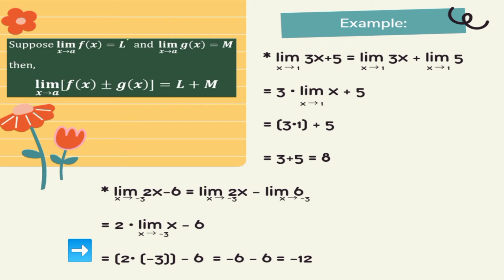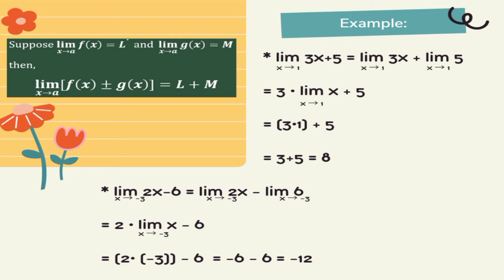Then in this part we are going to apply theorem number 2. We are just going to copy the value of where the x approaches, which is negative 3. Now we bring down also the negative 6. 2 times negative 3 is negative 6, minus 6. So that would be negative 12. So that is theorem number 4, the sum and difference rule.